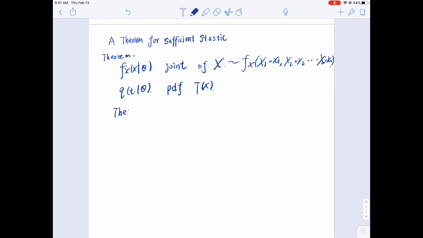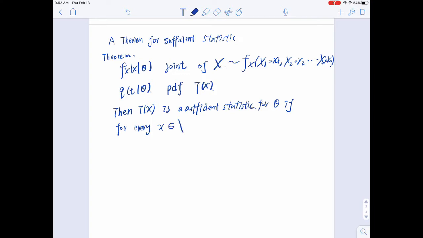Then the theorem says T(X) is a sufficient statistic for theta if for every x that comes from the sample space, the ratio of the joint distribution and the PDF of the statistic is a constant function of theta.